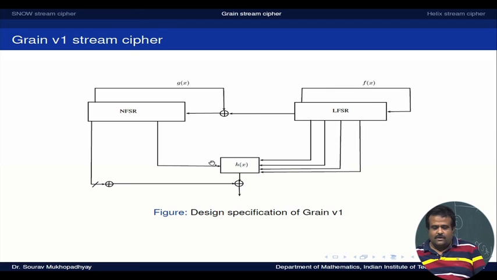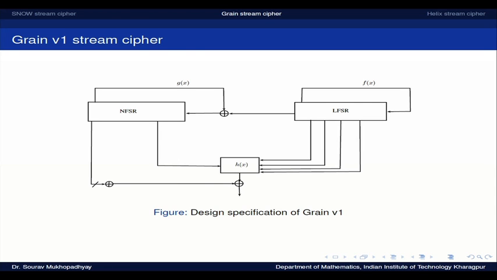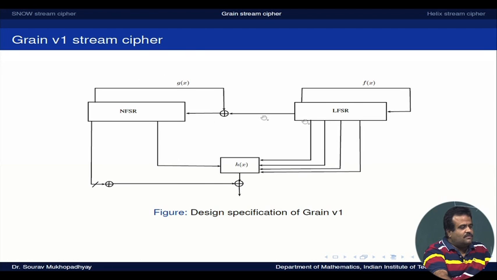Now we talk about another stream cipher, which is called the Grain stream cipher. Grain has two versions. It has two parts: one is an LFSR, another one is an NLFSR. NLFSR means nonlinear feedback shift register, and LFSR is a linear feedback shift register.